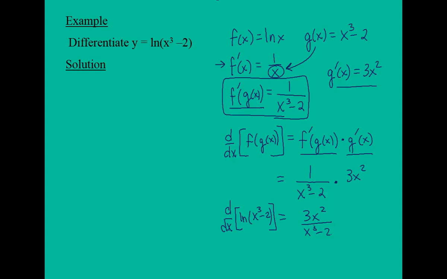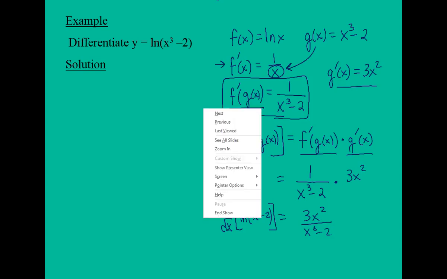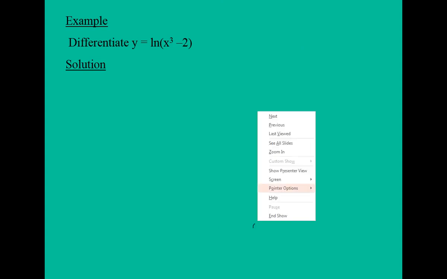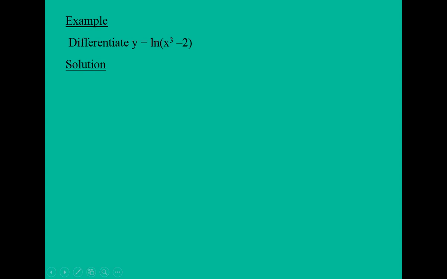Now the next technique I'm going to show is the technique where we let u be the inside function and y equals a function of u. So there's our inside function, x cubed minus 2.